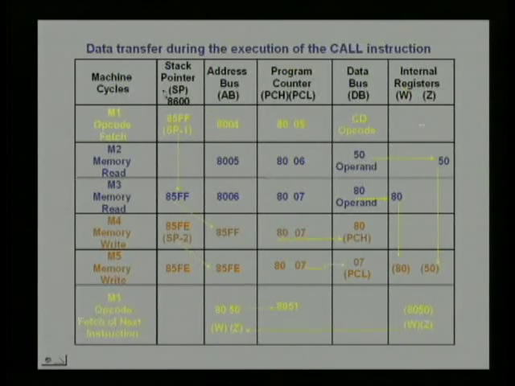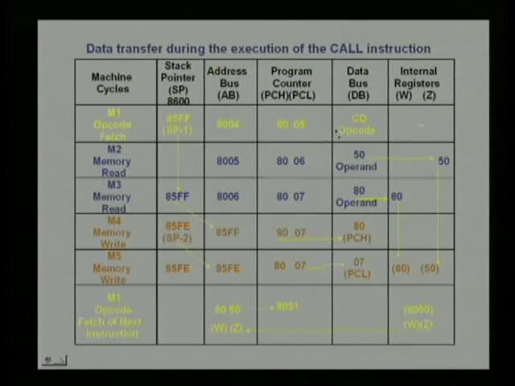Now let us see, when the call instruction is executed, the very first machine cycle is a memory read operation. We call it the opcode fetch operation because the opcode is read from the memory. So for that 8004 is placed on the address bus. At the same time the program counter will be incremented.